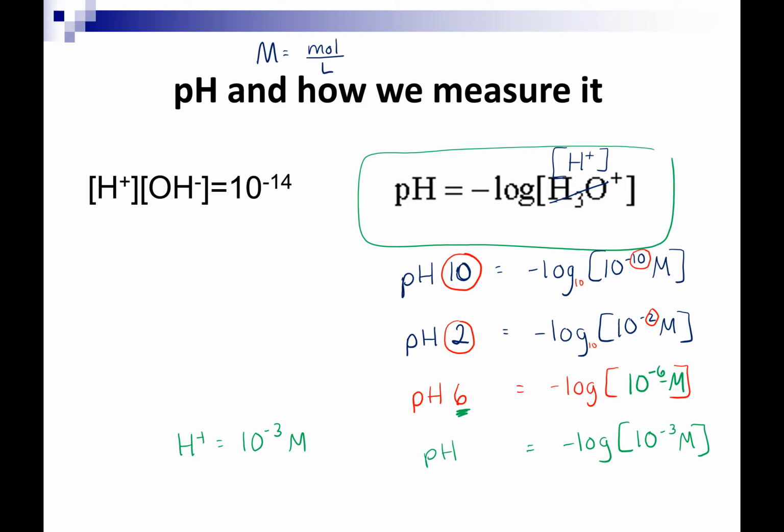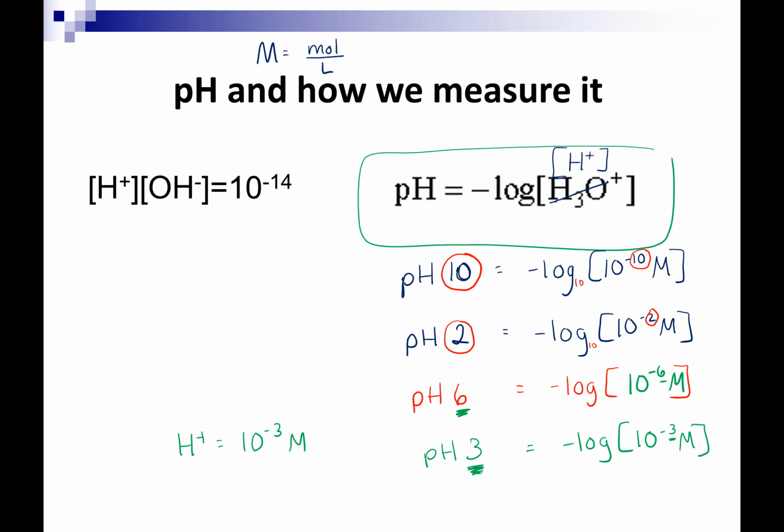You would say the pH is 3. That's as in-depth as you need to go as far as calculating the pH. Right? So it's just this number as a negative exponent or this number as a positive whole number.